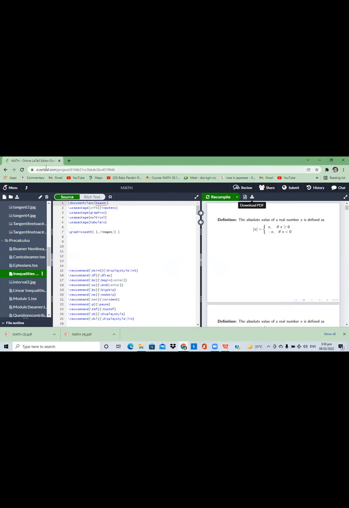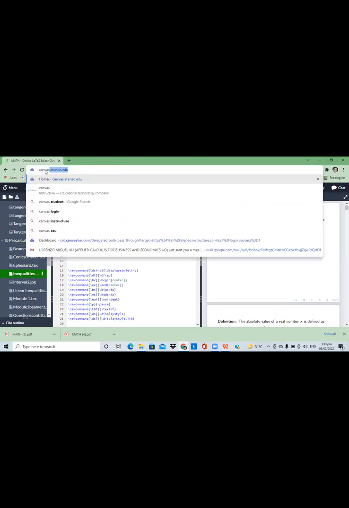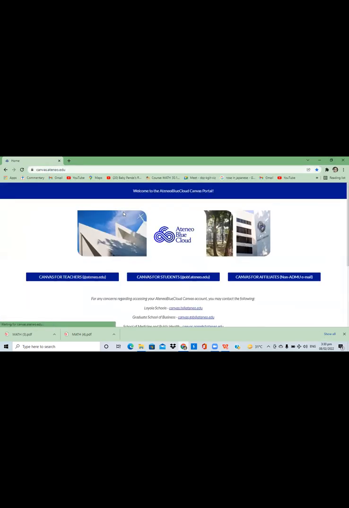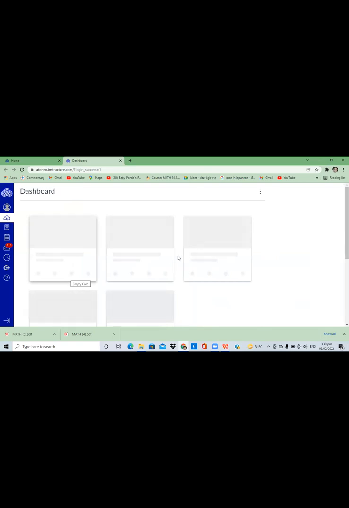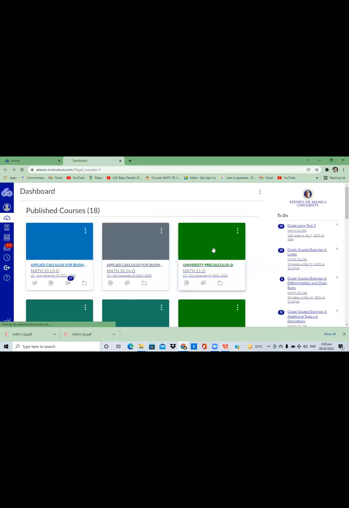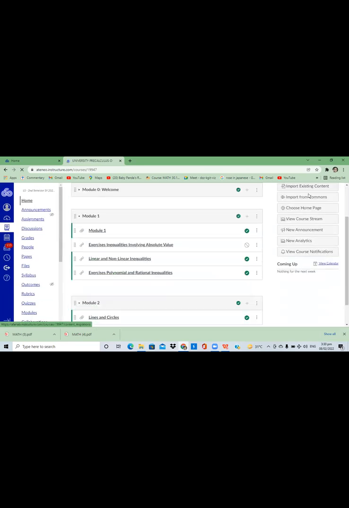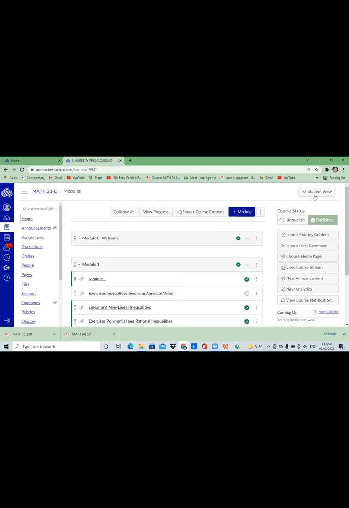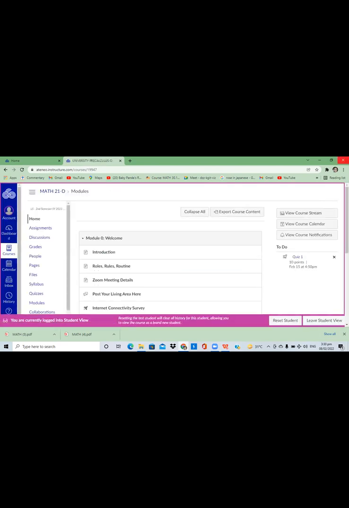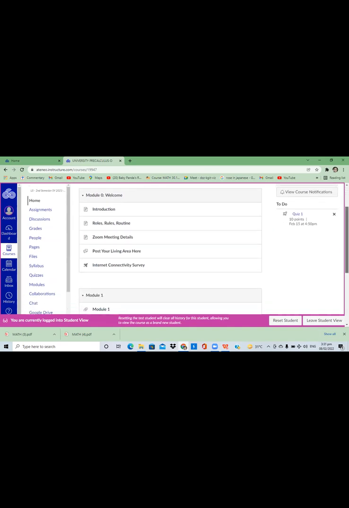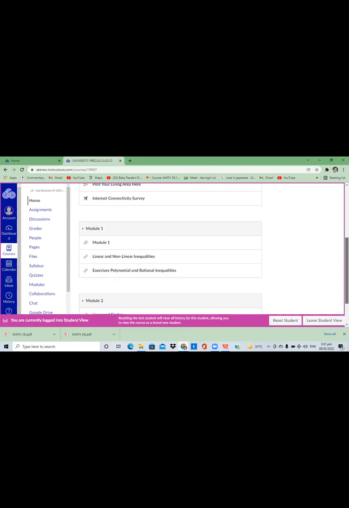Right, when you go to Canvas, under the Module 1 folder, you'll see this icon here, which means it's a link to a video.